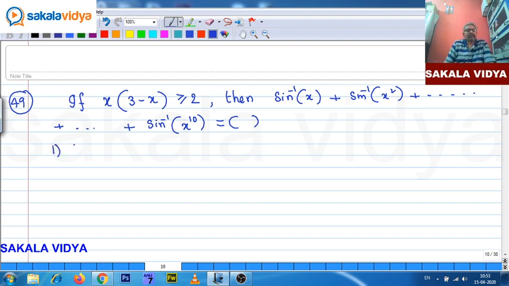First option pi by 2, second option is 2 pi, third option 5 pi, fourth option is 10 pi. So, this is the question.